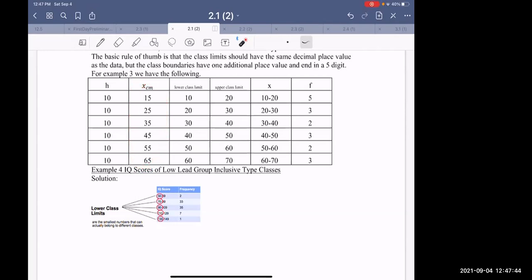Notice I could have also done, to find the class width, 25 minus 15, 20 minus 10, 20 minus 10, 30 minus 20. All of those would have given me the same answer.